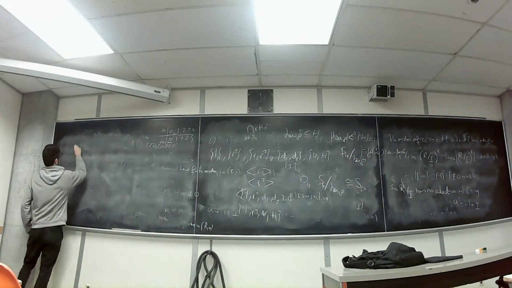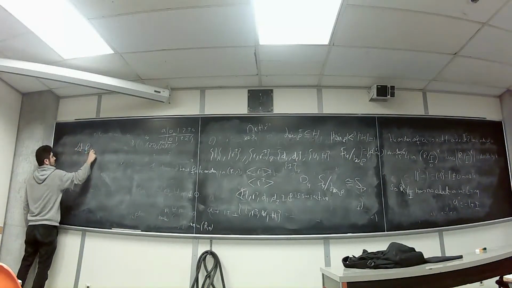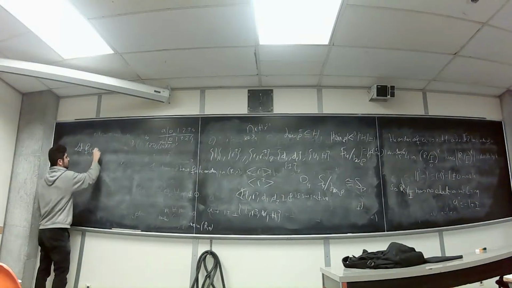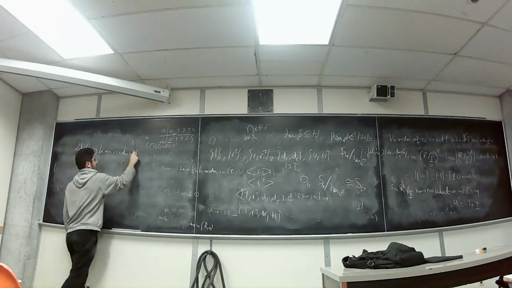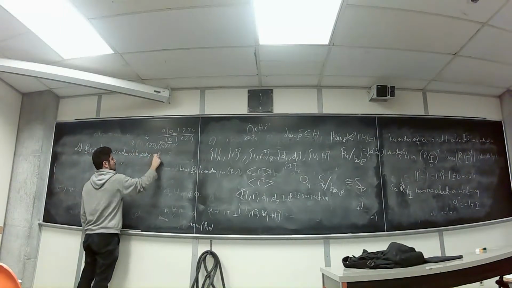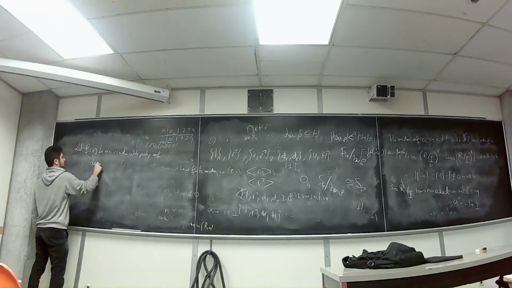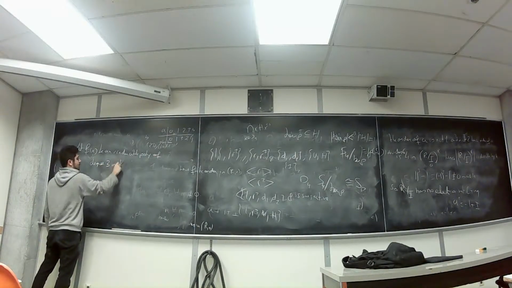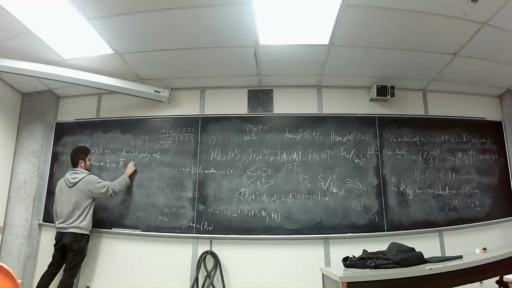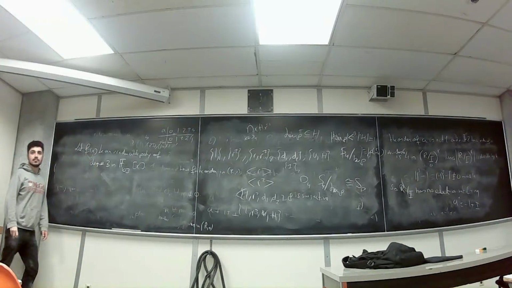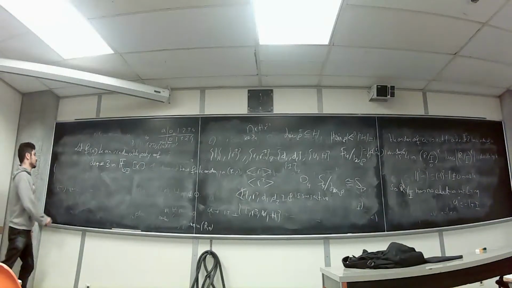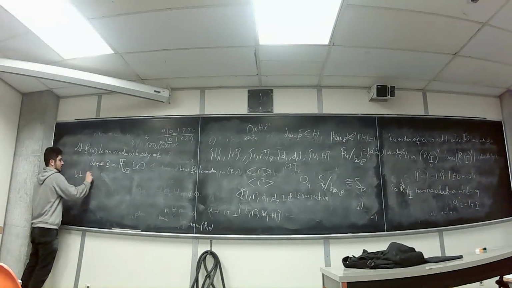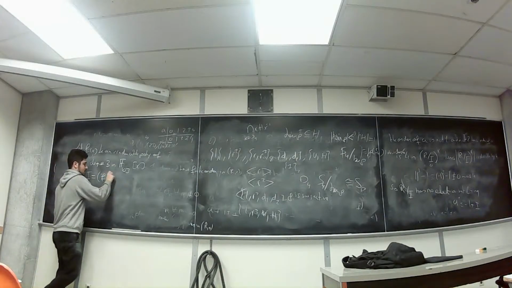So let f of x be a polynomial of degree 3 and irreducible over F 103, and let I be the ideal generated by f of x.